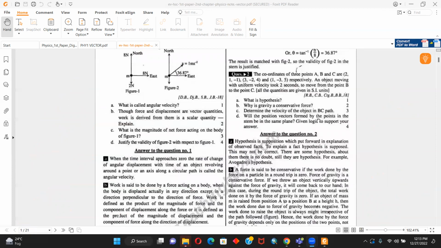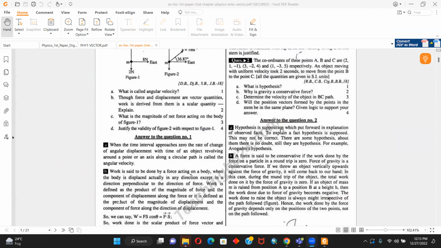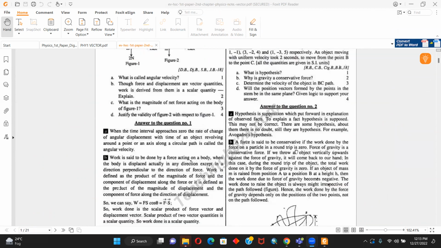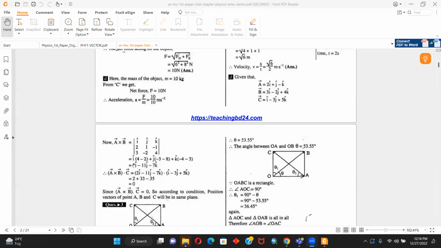Will the position vectors formed by the points in the stem be in the same plane? I think this is a question of mathematics. So how do you calculate it?